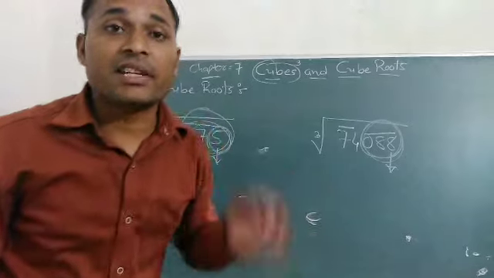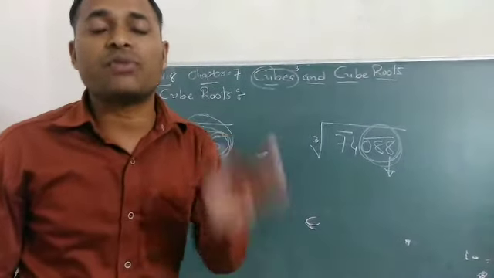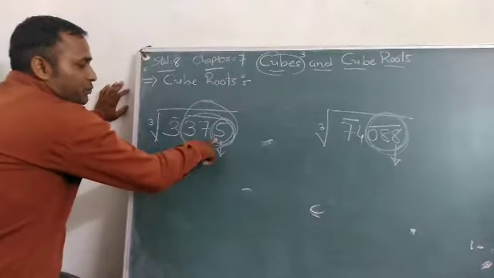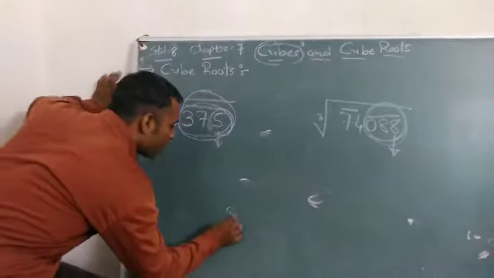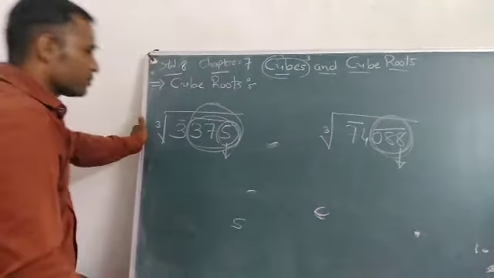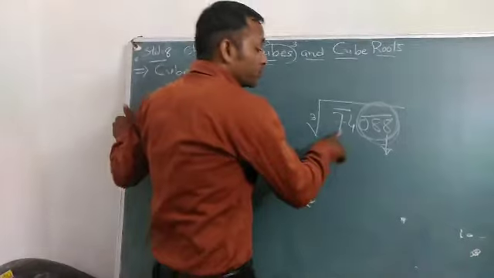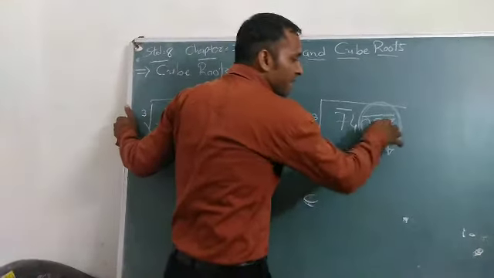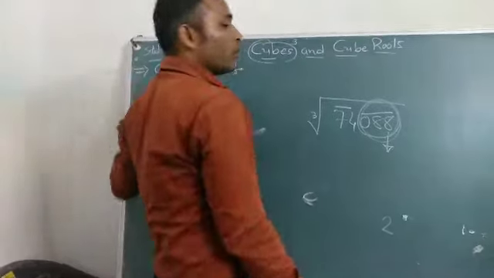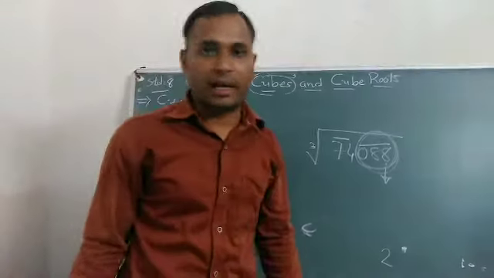In the previous lecture we discussed the property of unit place. So now we can write: unit place is 5, its cube root also has 5 in the unit place. Now unit place is 8, its cube root has 2 in the unit place. Clear?